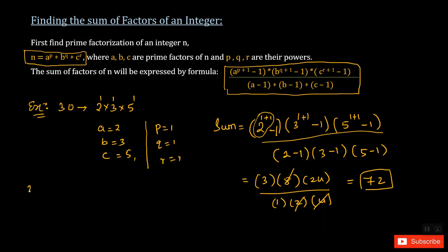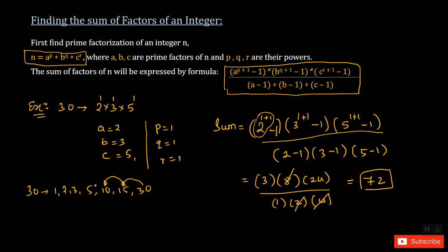Now just for your representation, the factors are 1, 2, 3, 5, 6, 10, 15 and 30. If you add them all, their sum is equivalent to 72. 30 plus 15 is 45, 45 plus 10 is 55.